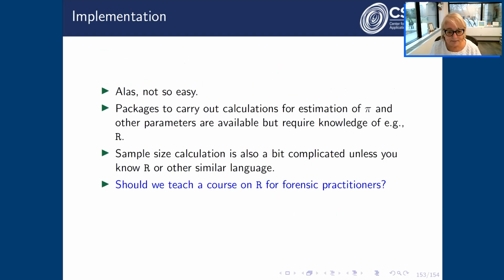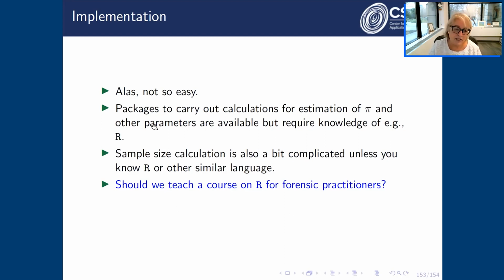So in terms of implementation, it's not so easy. I thought about trying to do it for today, but then I thought it would take me the rest of the course today, and I didn't want to spend all this time. There are packages out there that will allow you to do estimation from a Bayesian point of view.